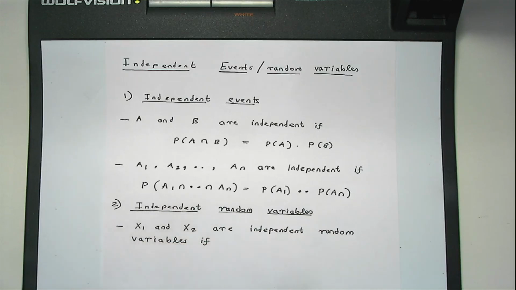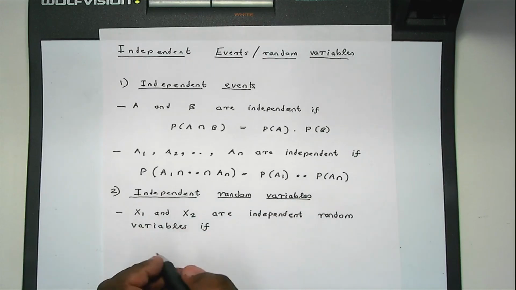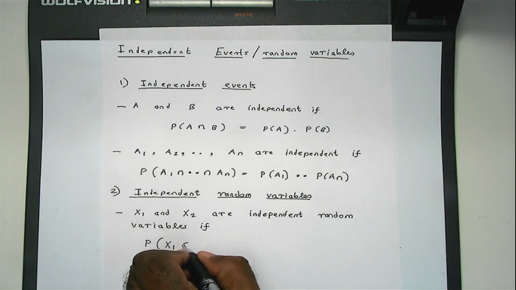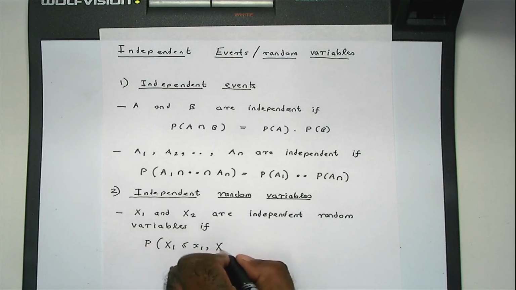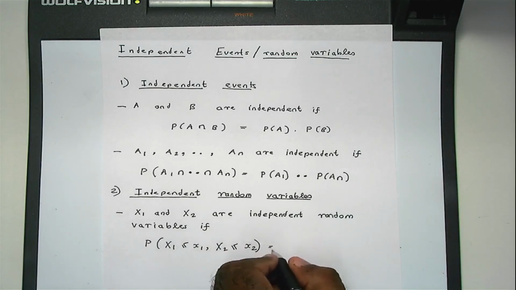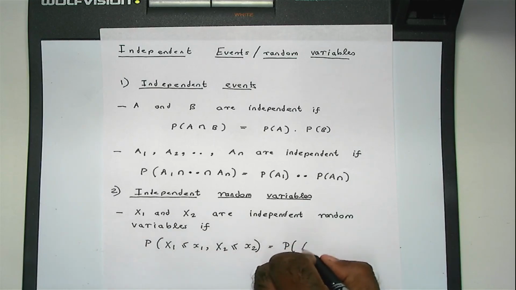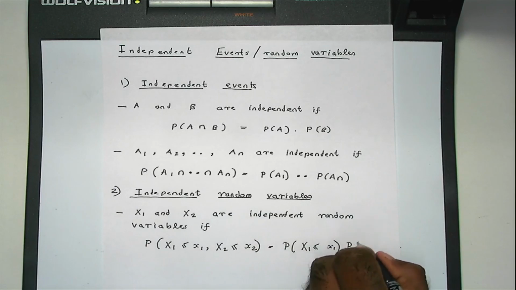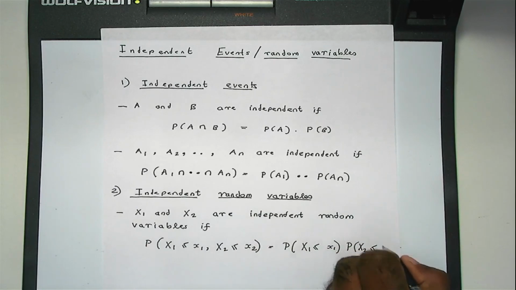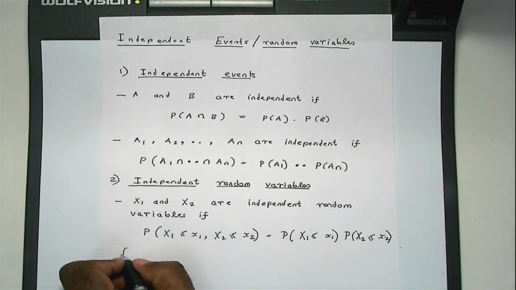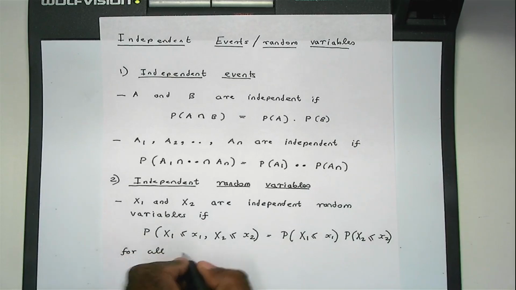And these two are independent if the following is true, that the probability of x1 less than or equal to little x1, x2 less than or equal to little x2 is equal to the probability that x1 less than or equal to little x1 multiplied by the probability that x2 less than or equal to little x2.